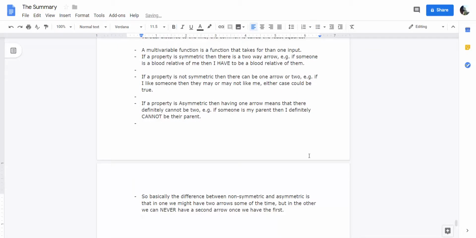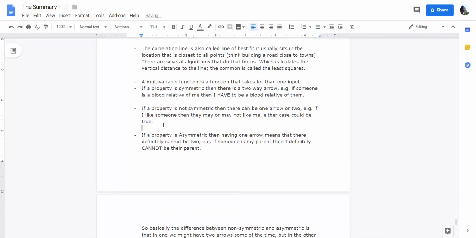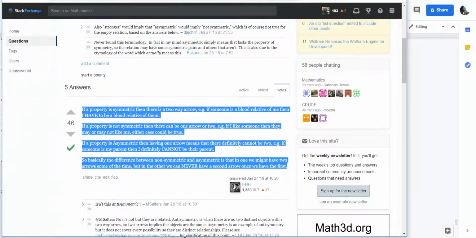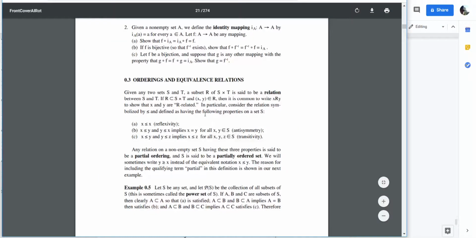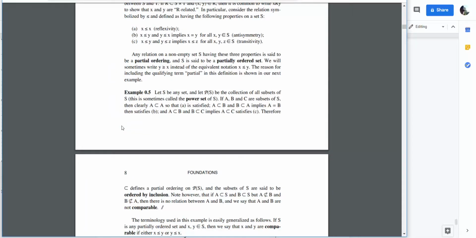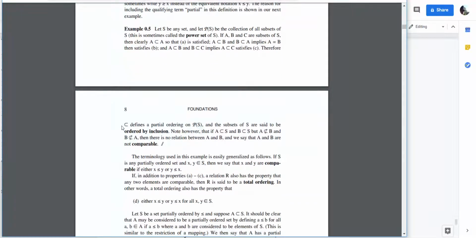There we go. So basically, there's that. Alright, so the next topic of discussion, I think that covers it pretty well. So partial ordering is when you have antisymmetric. Asymmetric is total ordering.